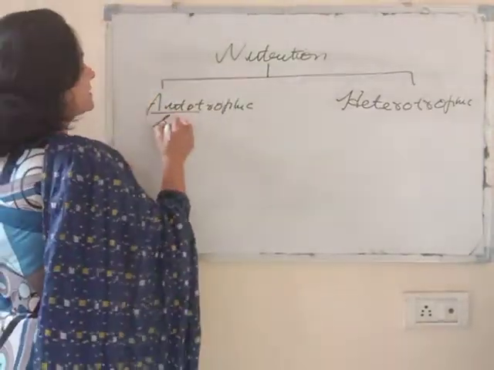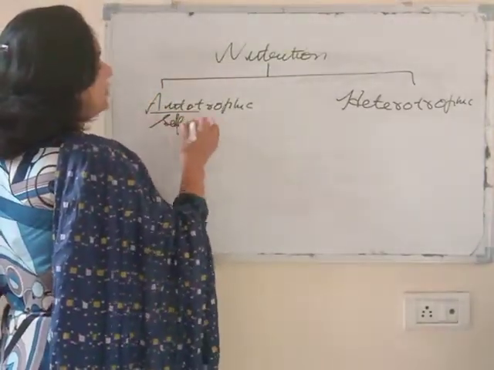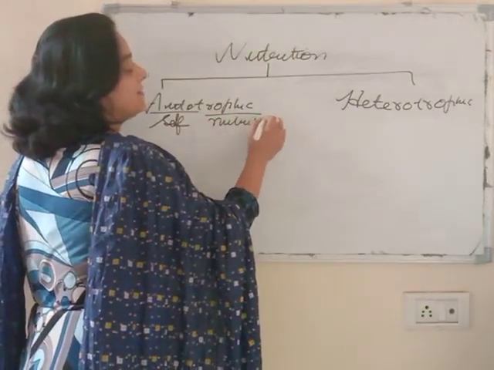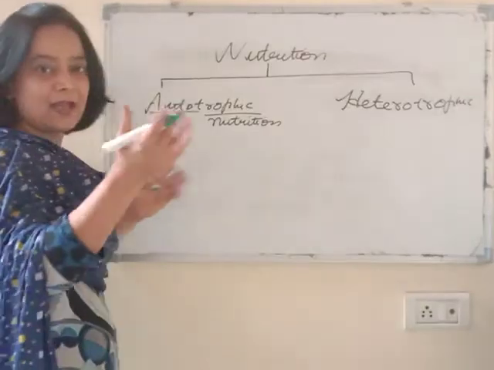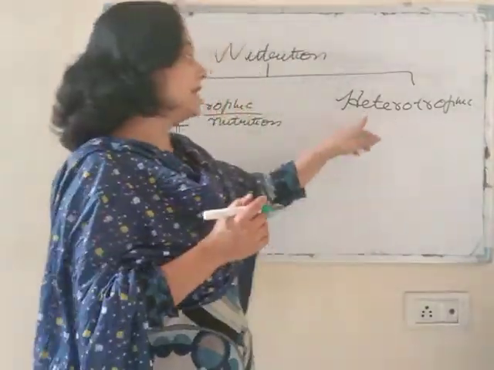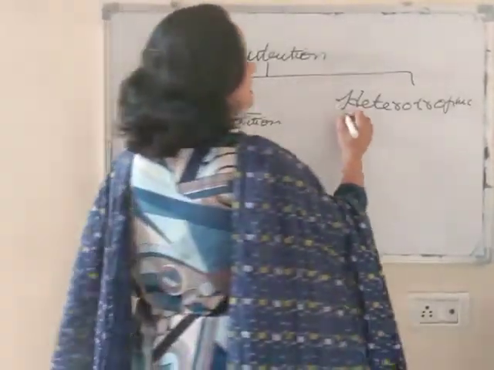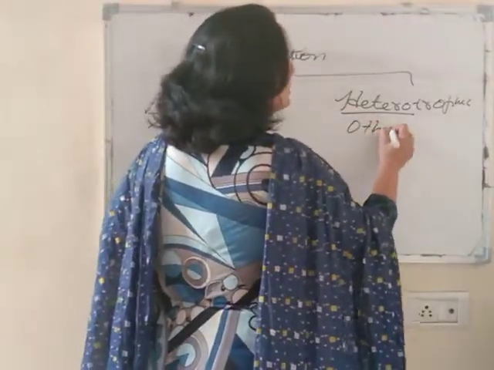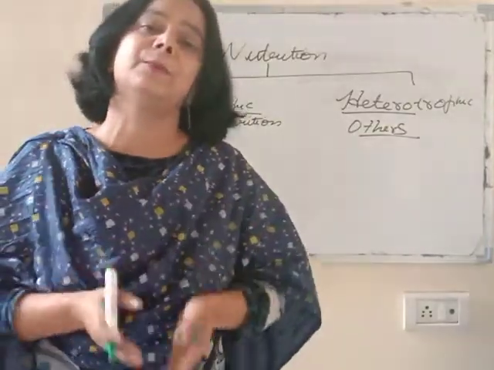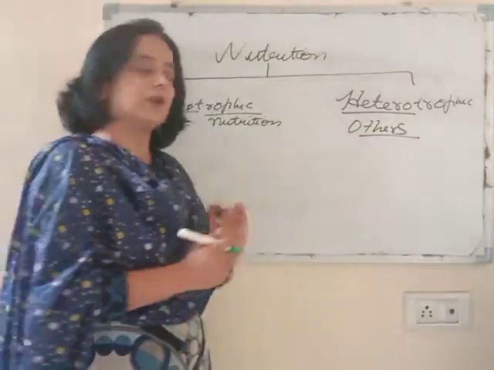Auto means self, and trophic means nutrition: self-nutrition. The best example are the plants. Why? They are able to capture solar radiation and make their own food. Whereas heterotrophic organisms are those which depend upon others. Hetero means others. So they depend on others to procure their food.